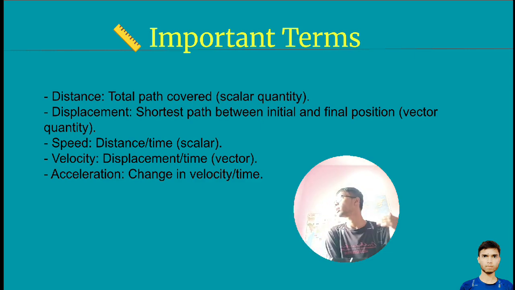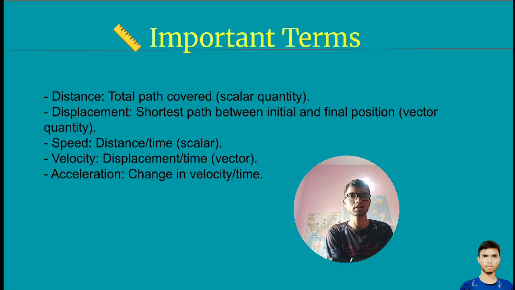If an object is moving with some speed, it is considered as speed. If an object is moving in a direction, then the motion of that object will be considered as velocity. Clear?